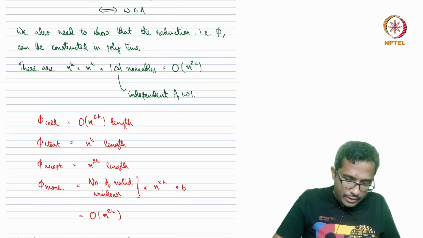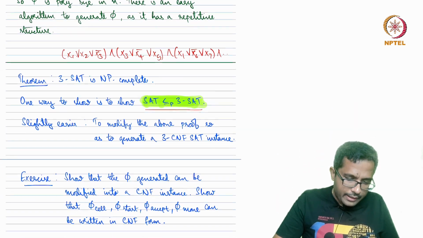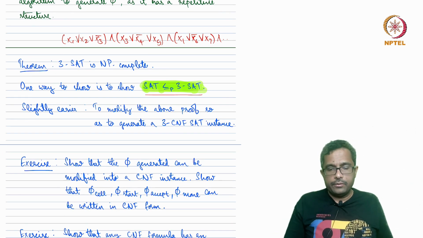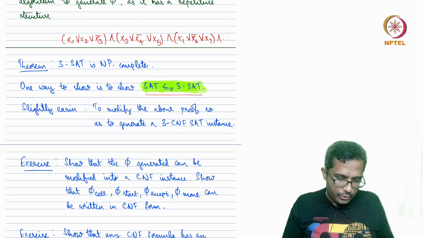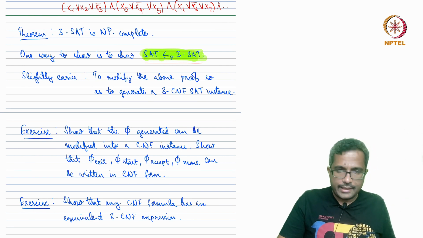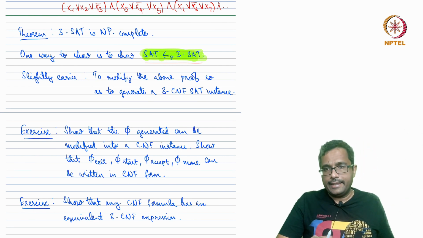It turns out that we can convert the formula output by the Cook-Levin proof into a 3CNF SAT instance. I'll just list the way to do it as two exercises, without going into detail.